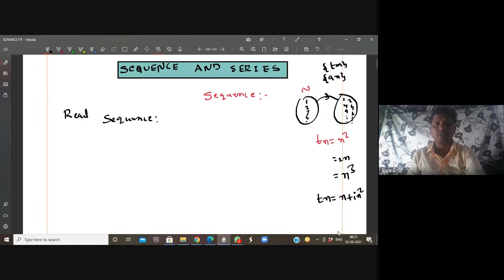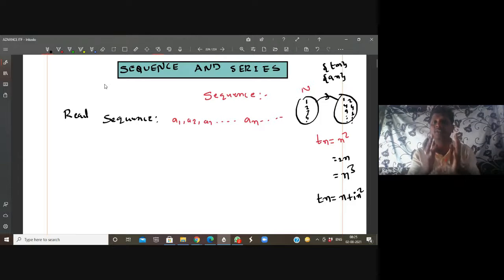Every sequence has a first term, second term, third term, and so on. I take them as A1, A2, A3, and so on, An, and so on. This is called a sequence. In a sequence also there are two types: finite sequence and infinite sequence.